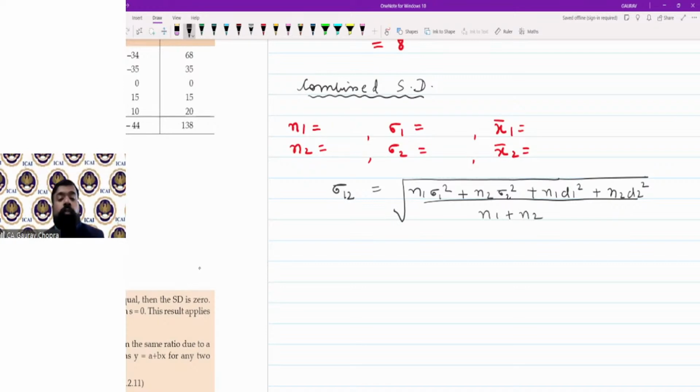This is the formula for standard deviation 1 2. All the figures will be given. We have to put them here and get the result. Now what are this d1 and d2? d1 and d2 are basically the deviations.